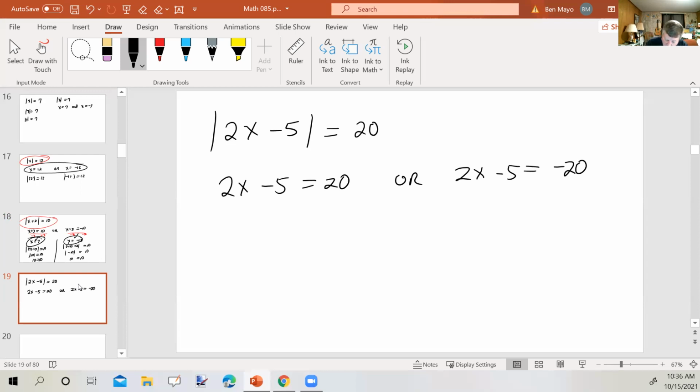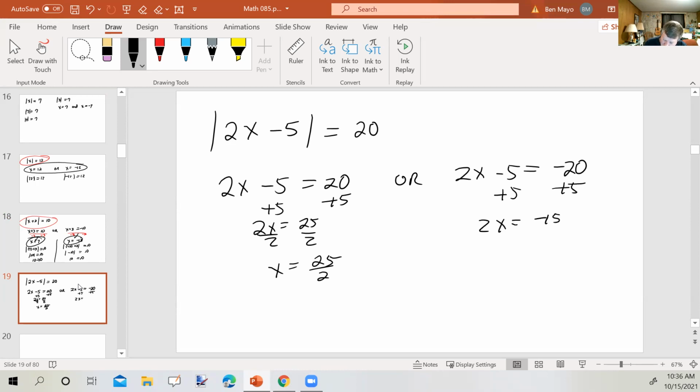To solve the first equation, add 5, 2x equals 25, divide by 2, x equals 25 halves. To solve the second equation, add 5, 2x equals negative 15, divide by 2, x equals negative 15 halves.